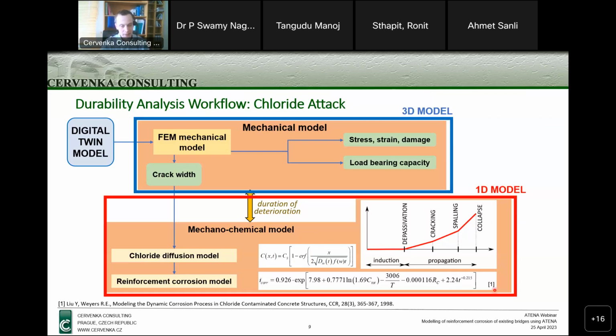However, to speed up the calculation, the chloride ingress, the chloride diffusion, is assumed as a 1D problem only under the surfaces which are in contact with some chloride content. Therefore, we don't need to calculate the full 3D diffusion problem, but can simplify it as a 1D model and speed up the analysis.